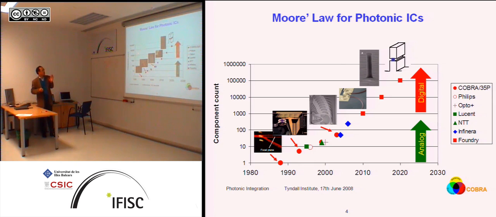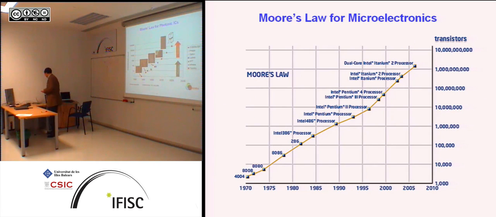This roughly shows how the integration of photonics has progressed over time. Where we are now, we are somewhere here. Per square centimeter we have about 1,000 optical devices. That's the degree of integration for photonics.